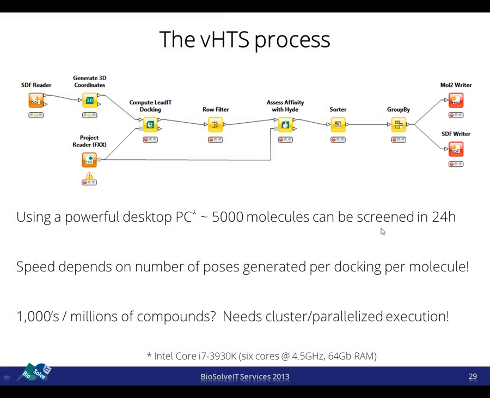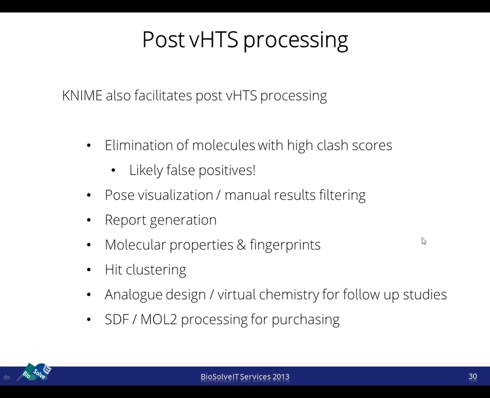Switching back. So once you've done your virtual screening, KNIME also facilitates the post-processing, where you can eliminate molecules with high clash scores, with low ligand efficiency, where you can very much look to eliminate false positives.